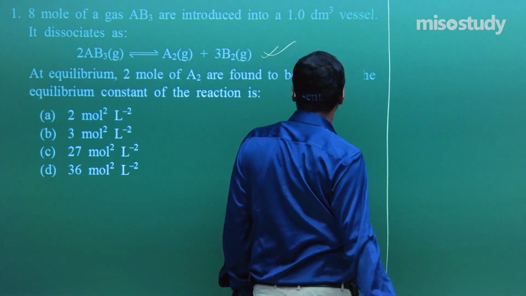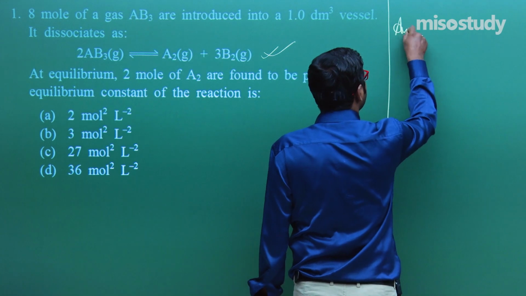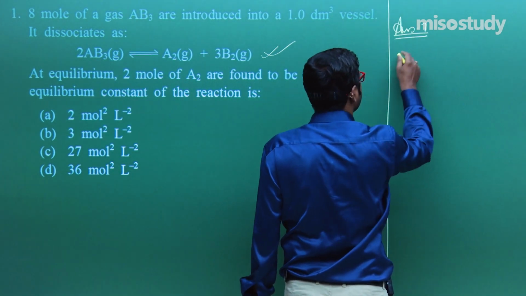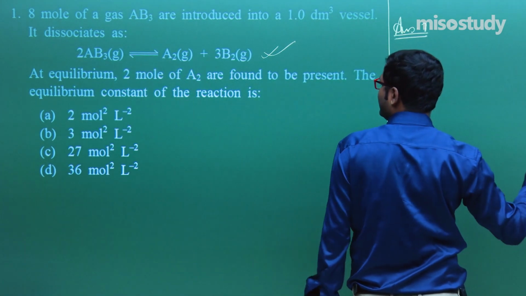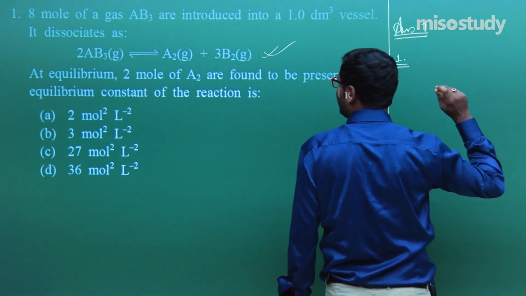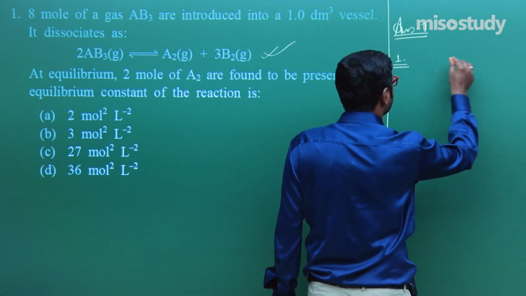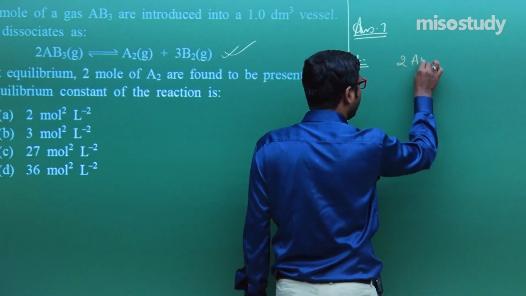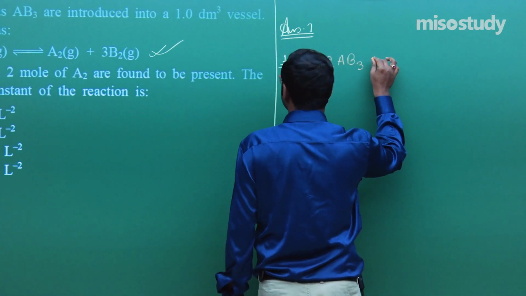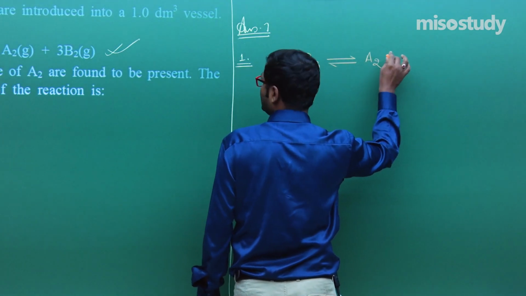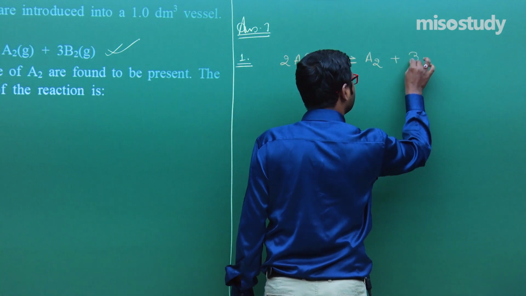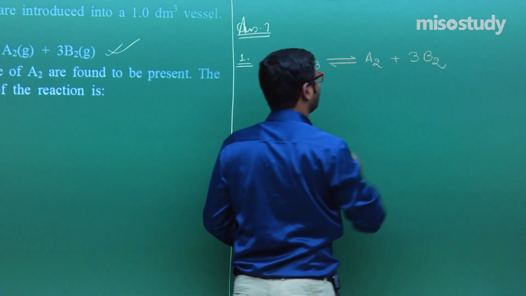It's very simple. That is, 2 moles of A2 are found to be present. Okay. The expression is 2AB3 gives you A2 plus 3B2.